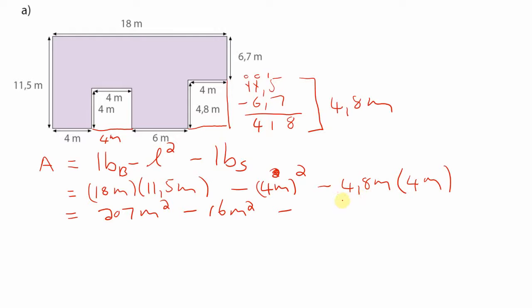So we have 4,8 times 4, which results in 19,2, and meter times meter is meter squared. So now we can simply subtract the gaps from the whole to get the actual shape's area. So it's 207 minus 16 minus 19,2, which will result in 171,8 square meter.